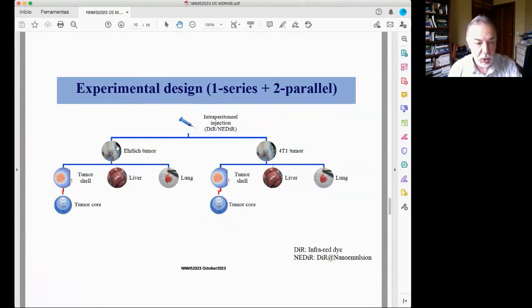Actually, we worked with two kinds of solid tumors, the Ehrlich tumor and the tumor provided by the 4T1 cell line. So we did an intraperitoneal injection of one infrared dye, the free molecule of the infrared dye. And at the same time, we made a formulation of this infrared dye using a nanoemulsion. So in other words, we used two materials to inject in the animal.